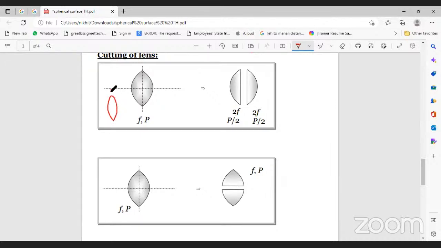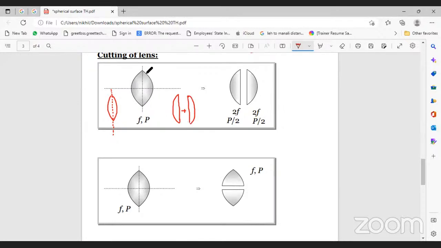Now we are going to cut the lens vertically. If you cut vertically, how many lenses are going to be formed? Two lenses. It is the combination of two plano convex lenses.